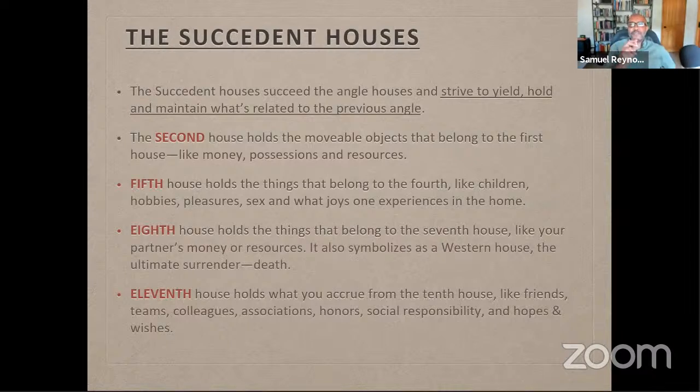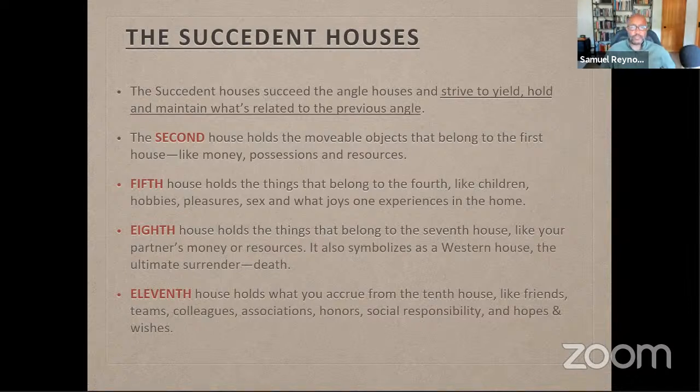And it also relates by virtue of tribute, legacies, inheritances, things that you may get from others. So, like your parents' money or things like that, or your spouse's money, God forbid, if they pass away. The other thing to understand is that I might say in a broader sense, the eighth house also can reflect those things that are beyond your control, including death and taxes, unless you can figure out a way to get around them, as some have.